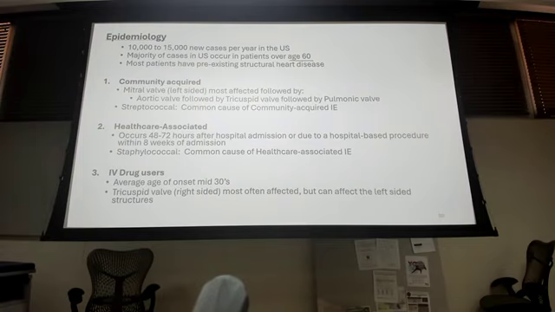But in the setting of IV drug users, that age is no longer in the 60s, it's more in the mid-30s, because that's the age group that typically is doing IV drugs, right? Usually we think that as you get older as an adult, you're not doing IV drugs, but that's a stereotype. So don't limit that. If you have somebody who's 80 years old who looks like they have IV drug use, then be thinking it's that, right? Okay. So don't apply the stereotype to your individual patient necessarily.